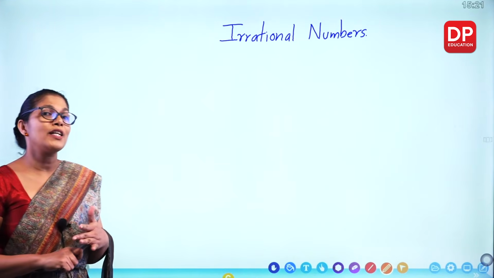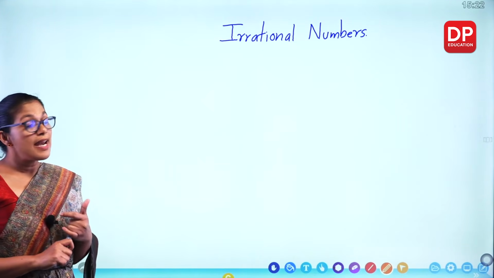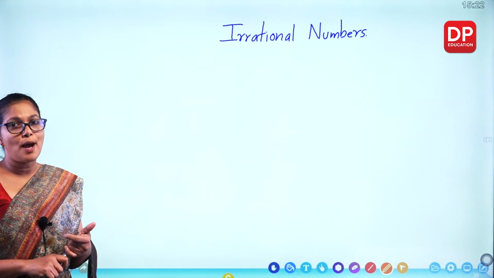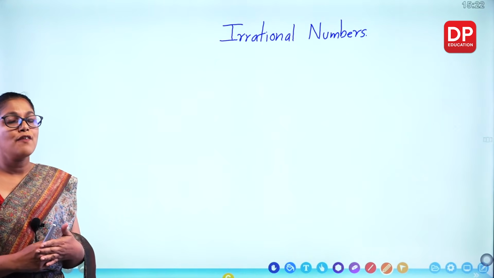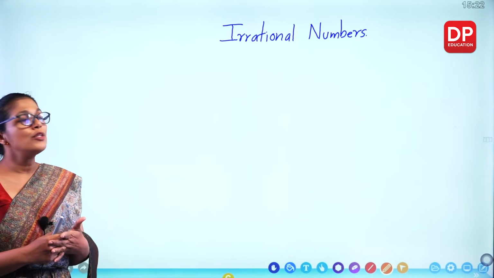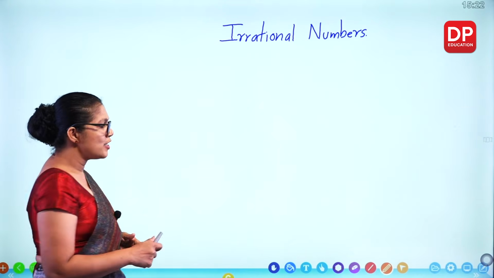Now we'll look at what are irrational numbers. So we know what are rational numbers. If you can write any number as a fraction, we call those rational numbers. So irrational means the opposite. If you can't write it in fraction form, we call those irrational numbers. What's the symbol we can use?